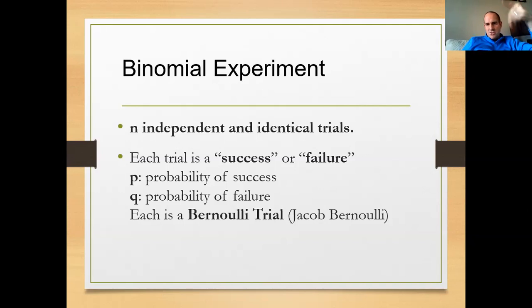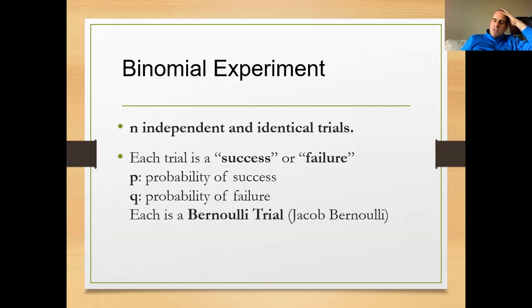But back to this binomial experiment. Each of those independent trials is called a Bernoulli experiment. Each trial is either a success or a failure. There's just one of two outcomes. You can imagine a coin flipping situation: you might consider heads to be a success and tails to be a failure.